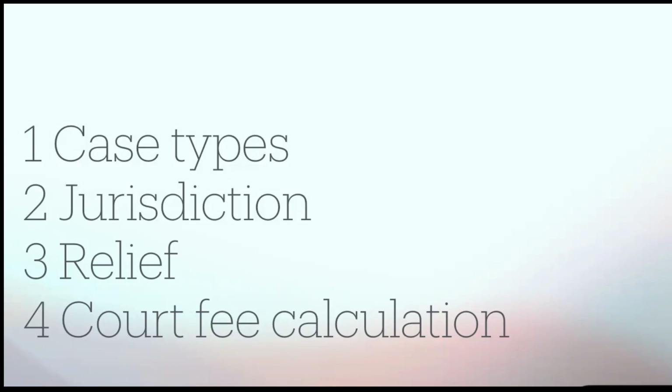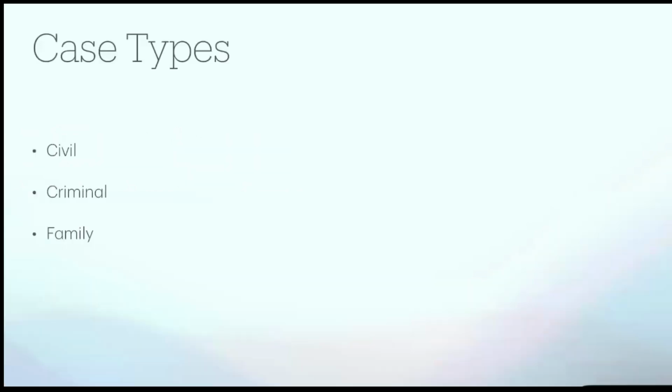Okay. So for example, everyone is aware, right? We have two major case types. One is civil and criminal, but sometimes we can also consider family as one type of case. But most of the time, family will fall under civil and criminal. So broadly, we have only civil and criminal in general.